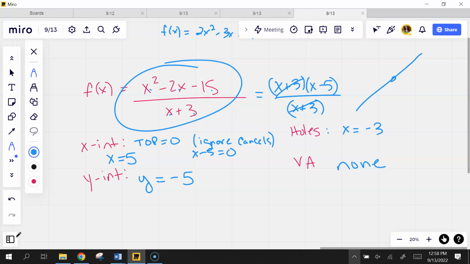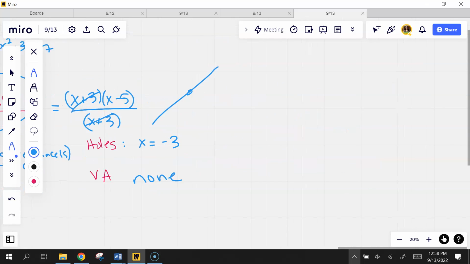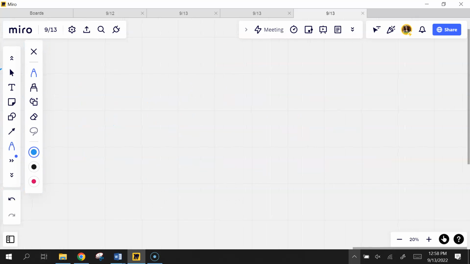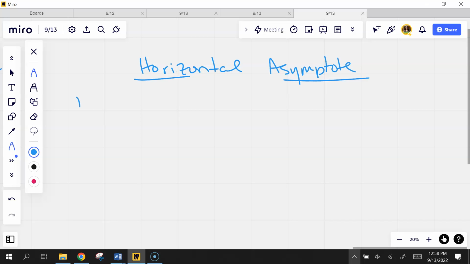And horizontal asymptotes. Learn is a loose term because we've already done it one time. All right, horizontal asymptotes, and then we'll do some all together. Do you know what each one does, though? Top heavy. What do you mean by top heavy? And what are we looking at? What are we comparing? Exponents.